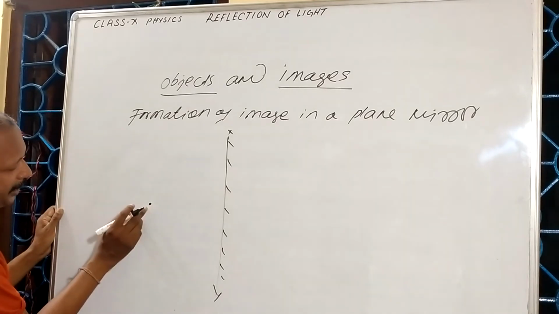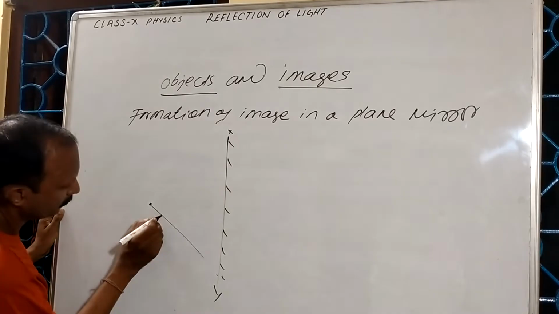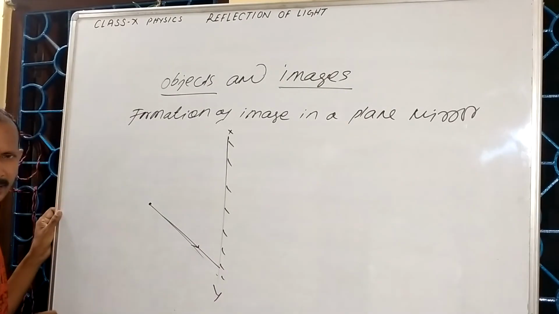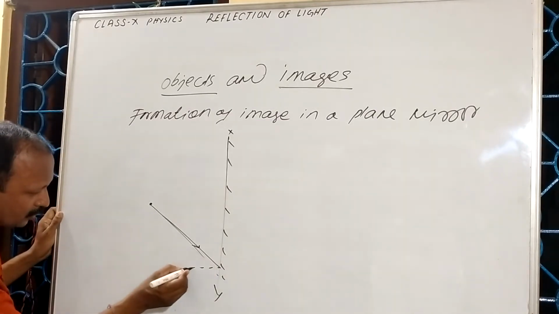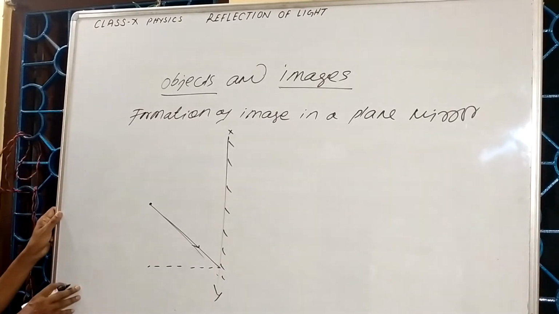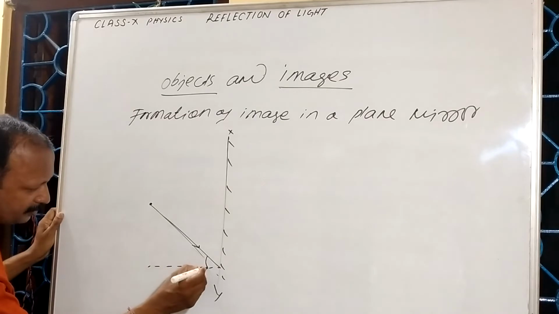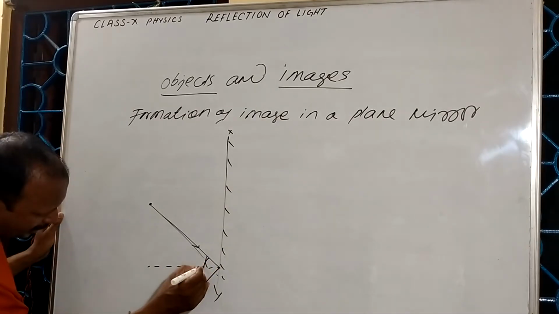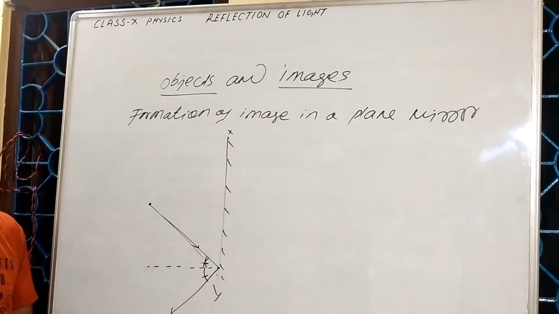Suppose light from this object falls on this surface. This is the incident ray. Now, I can draw here one normal. Light rays follow the laws of reflection. That means the light ray will reflect like this, so the angle of incidence and angle of reflection both are equal.